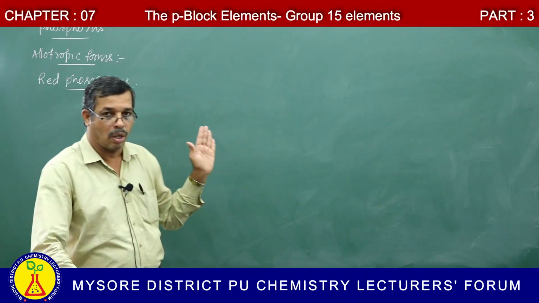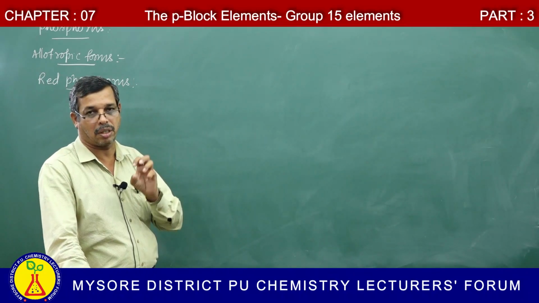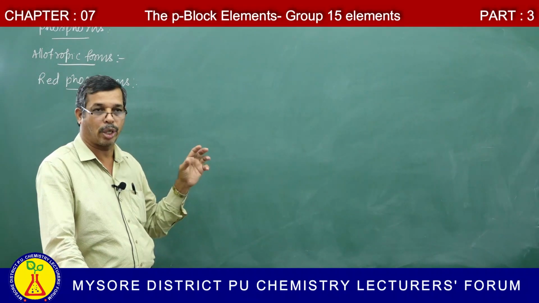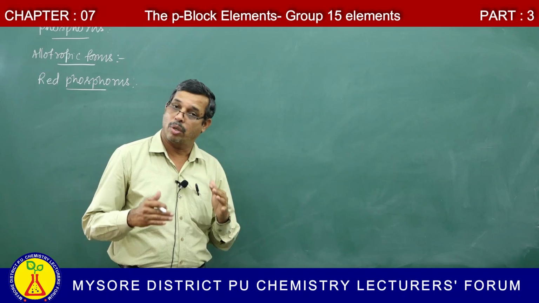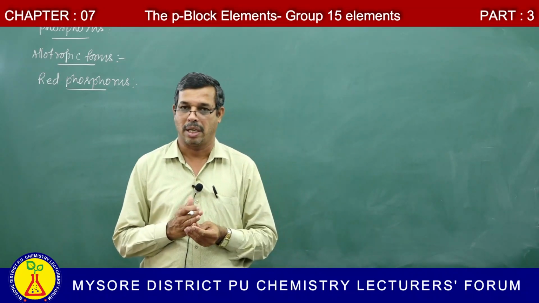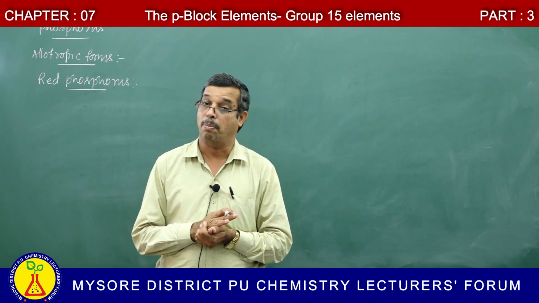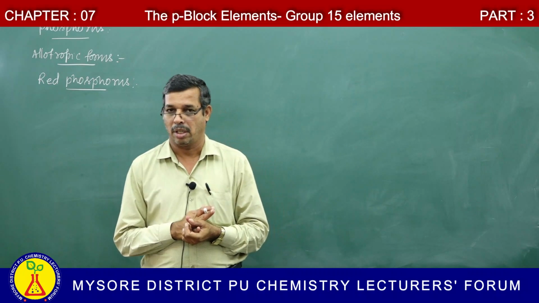That is, when white phosphorus is heated at 573 Kelvin for several days, we obtain red phosphorus. When red phosphorus is heated under pressure, a series of phases of black phosphorus is obtained.